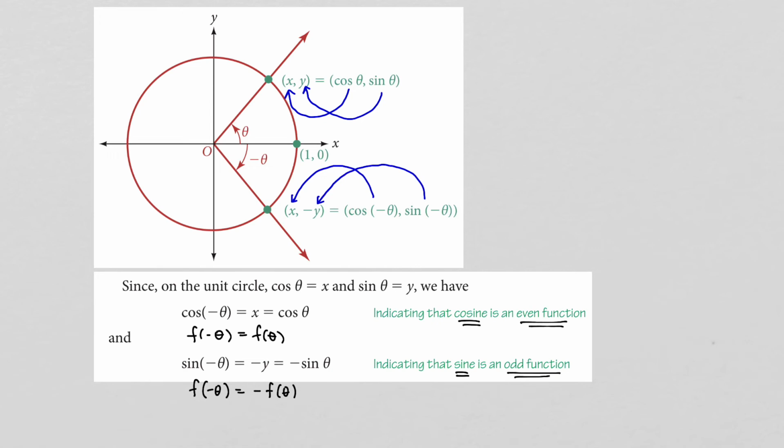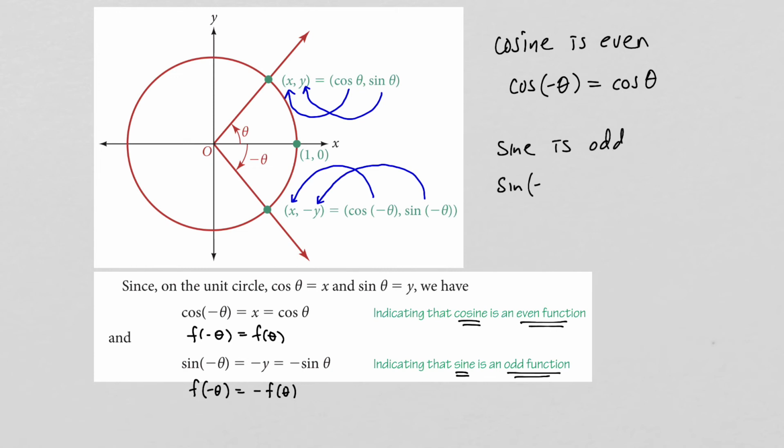To put this more succinctly, cosine is even, and what that means is cosine of negative theta is the same as cosine of theta, and sine is odd. And what that means is sine of negative theta is negative sine of theta.